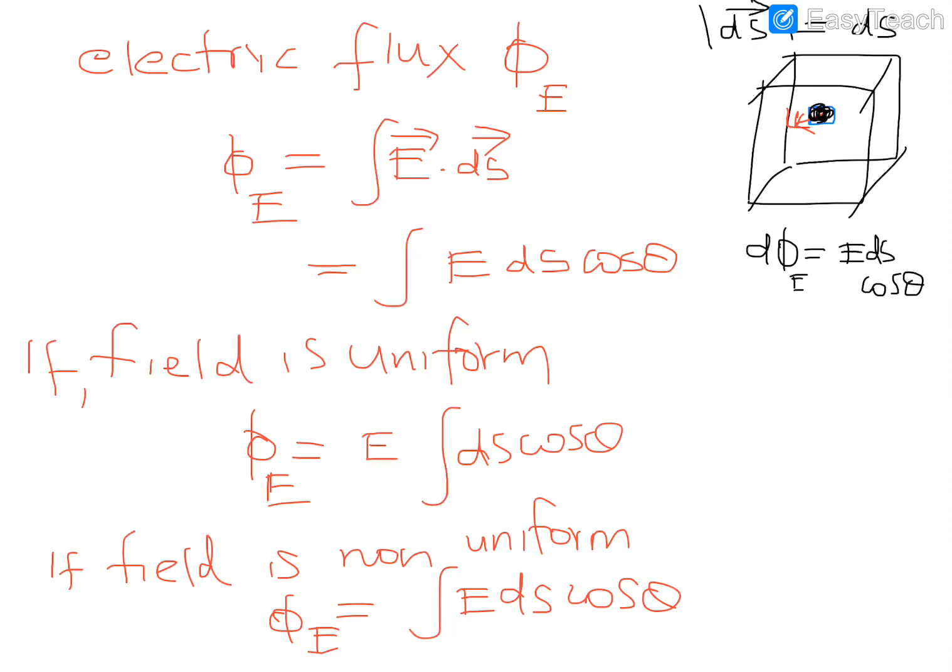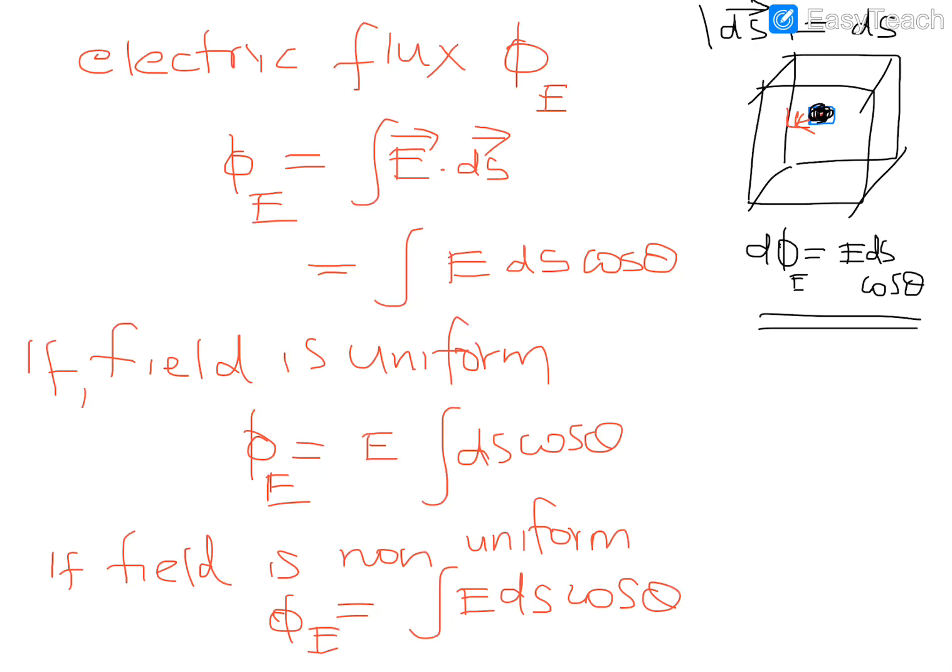So even if it is a non-uniform field, for that small region the field will be uniform. So in that region you can find E ds cos theta, where theta is the angle between E and ds vector.